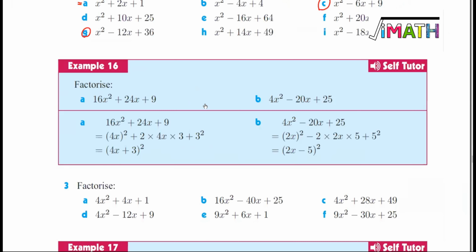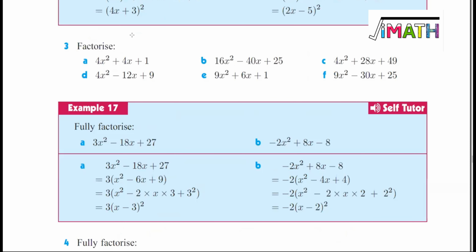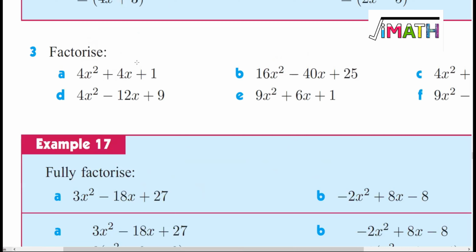Can you do the same thing for these questions, like question 3, any part? Here it's a little bit different. For question A, 4x squared we can break down into 2x whole squared.